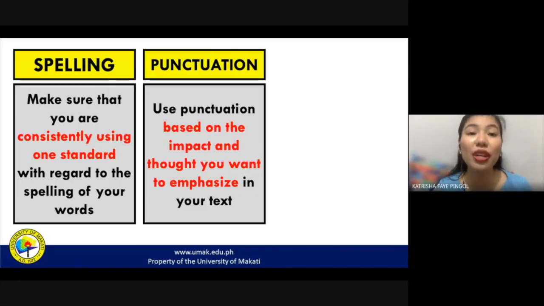It's also representative of the essence of the ideas itself. Sometimes the improper use of punctuation may lead to misinformation or misunderstanding, which I will be showing to you in the next few slides.